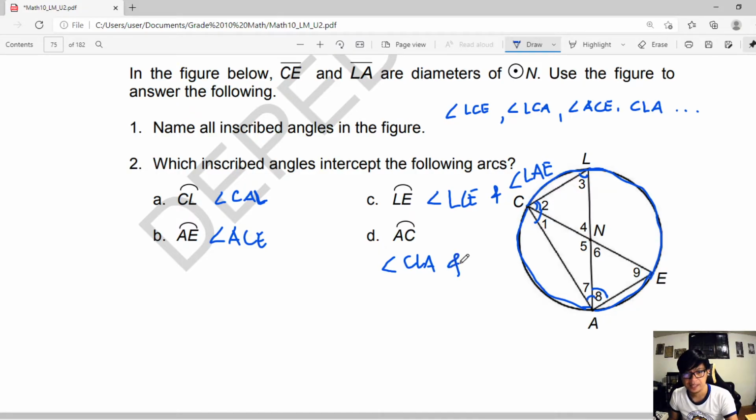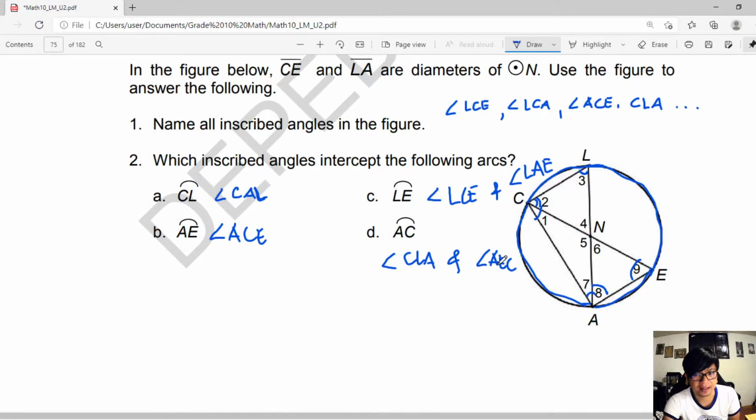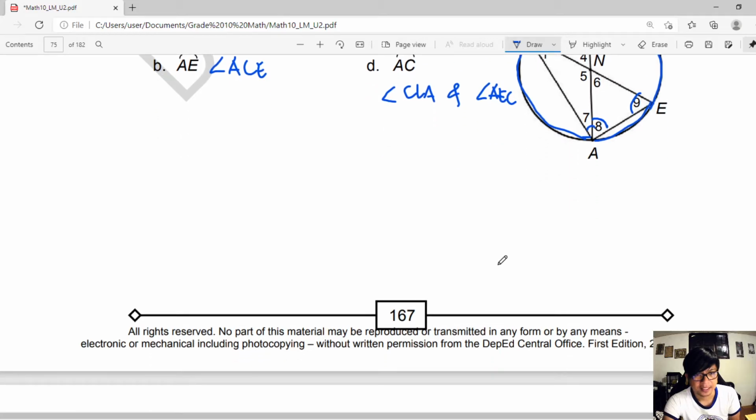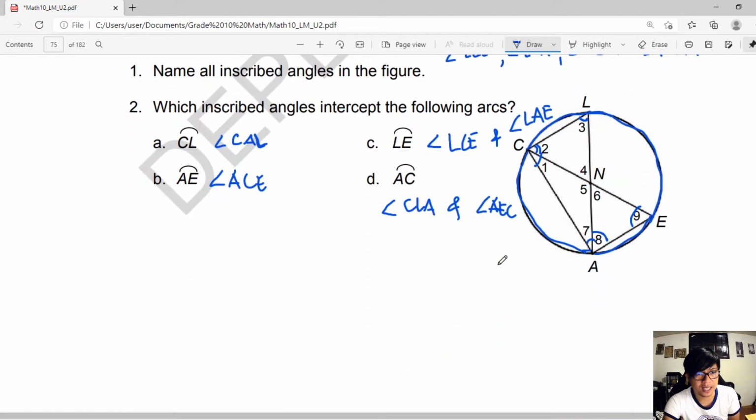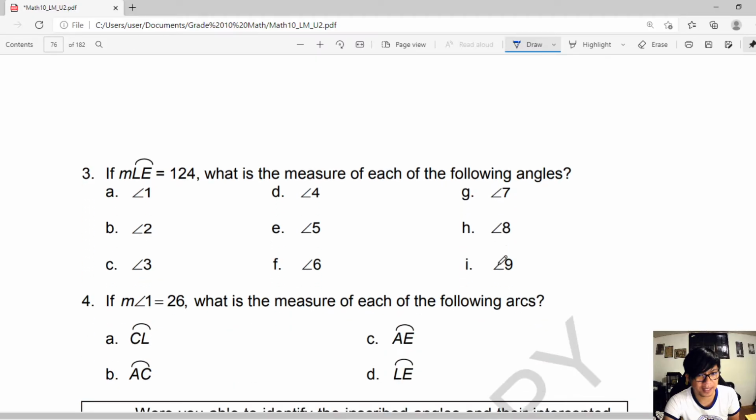And dalawa yan. Pwede ding angle AEC. So, yun yung kanyang mga corresponding inscribed angles. Okay, we are done with this one.